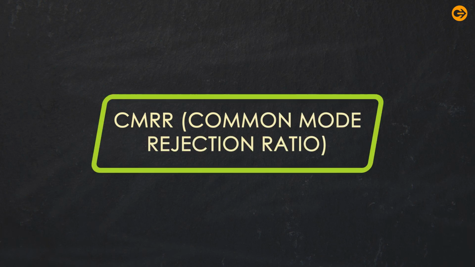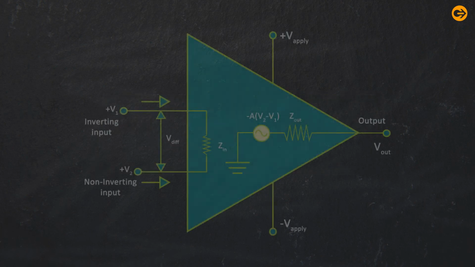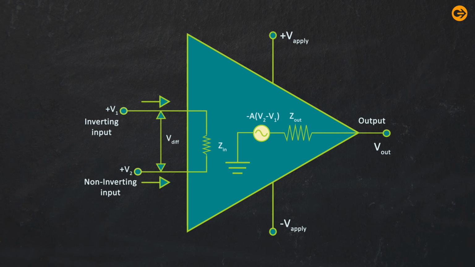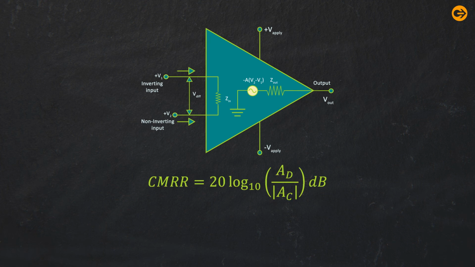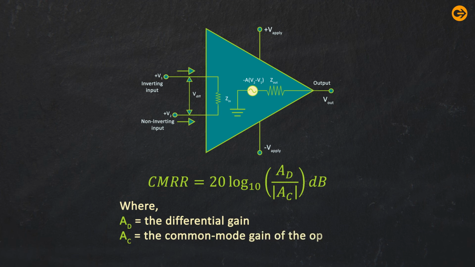CMRR or common mode rejection ratio. CMRR is determined as the ability of an op-amp to reject the common mode input signal. CMRR is a very important parameter of an op-amp. An ideal op-amp has infinite CMRR. In practical circuits, it is calculated by CMRR equals 20 log base 10 of (AD divided by the modulus of AC) dB, where AD is the differential gain and AC is the common mode gain of the op-amp.